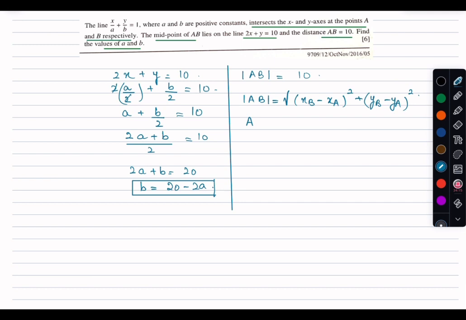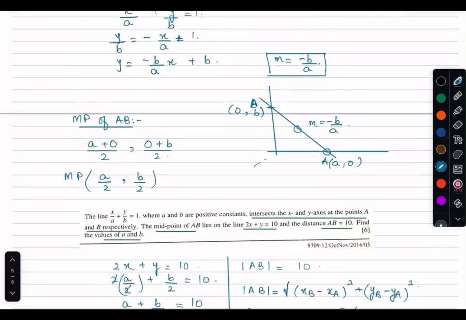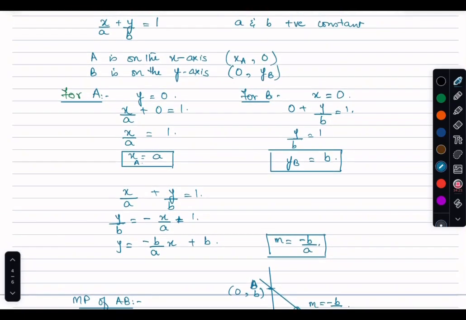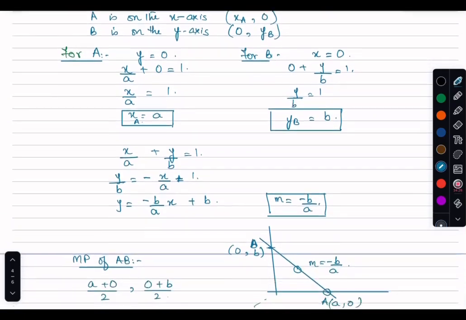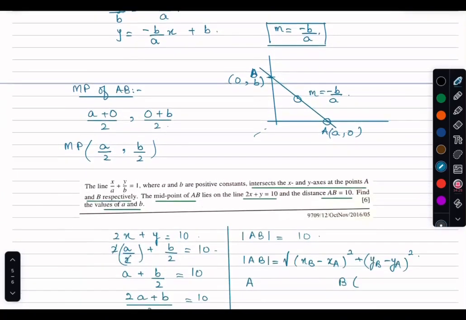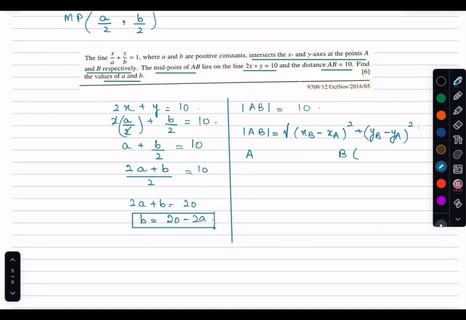So I did have the coordinates of A, I did have the coordinates of B. If I just go back, I can see that the coordinate of A was a comma 0 and the coordinate of B was 0 comma b.